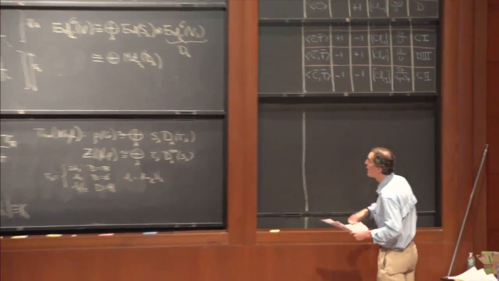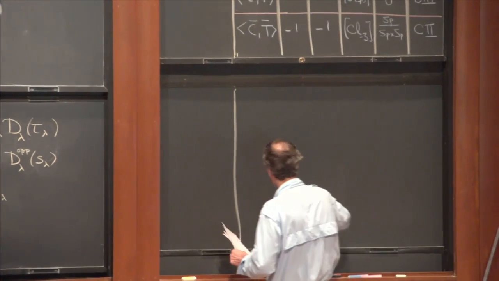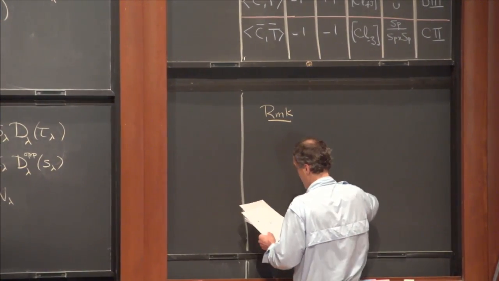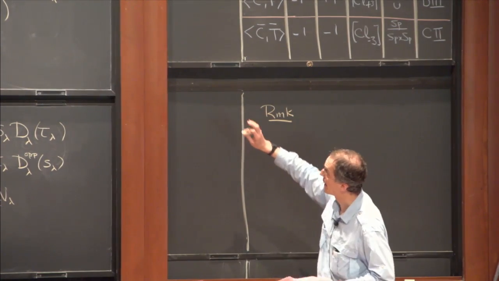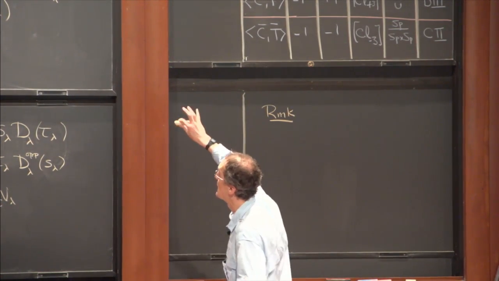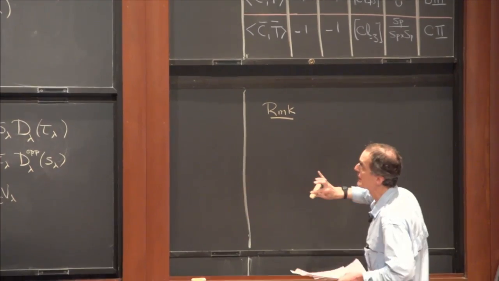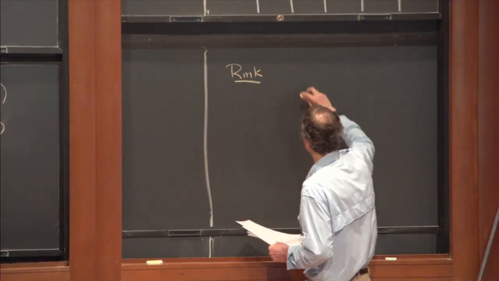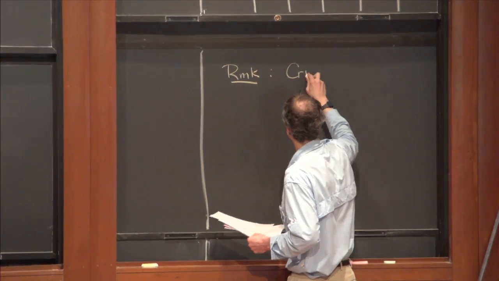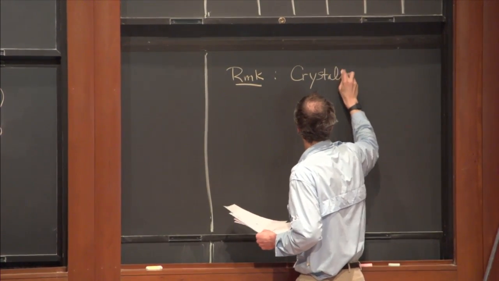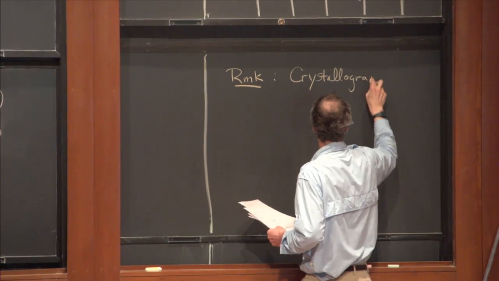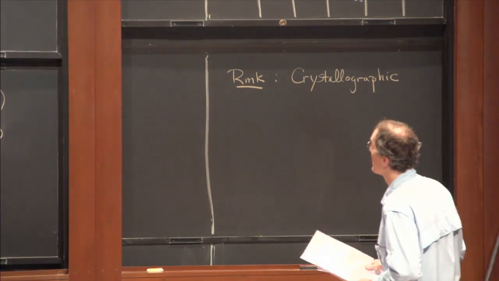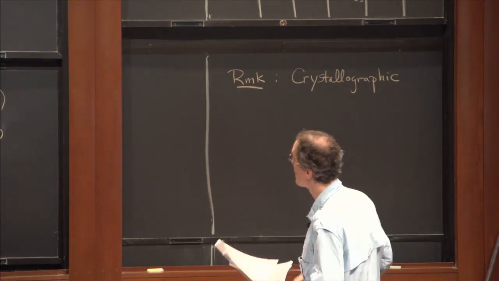So one little remark which might be helpful to some people is that complete reducibility, I stated it for compact groups, but complete reducibility can apply for non-compact groups. So for example, for crystallographic groups, those are infinite groups, hence not compact. Nevertheless, this will apply.